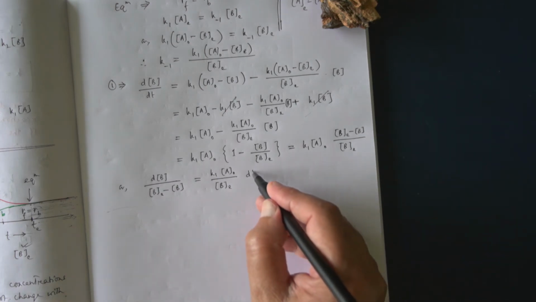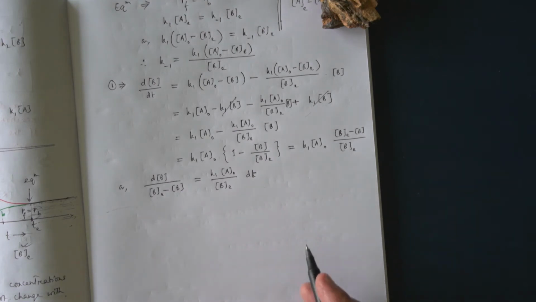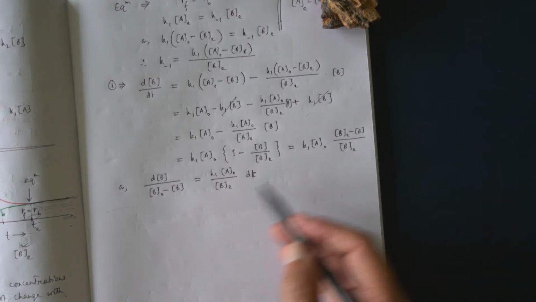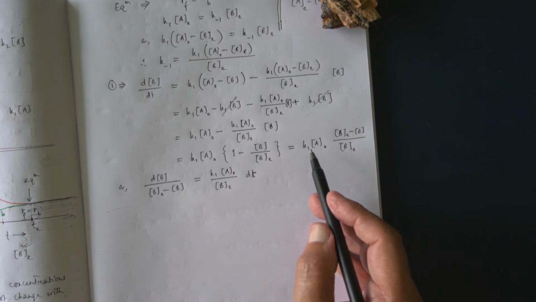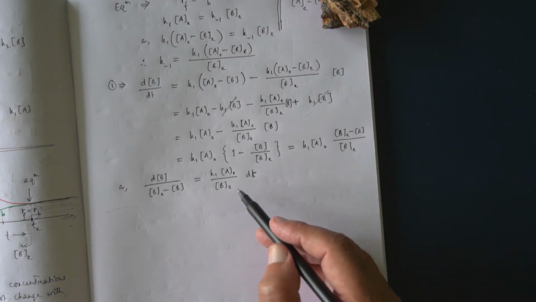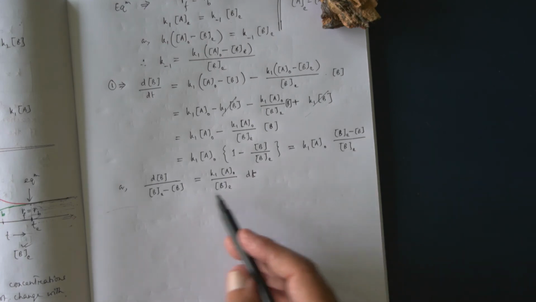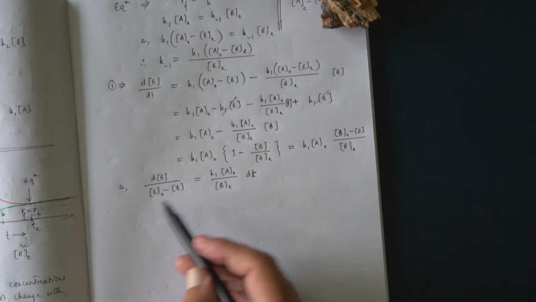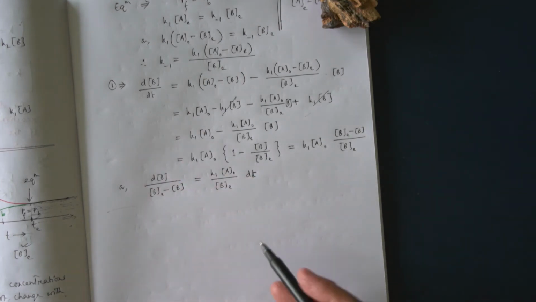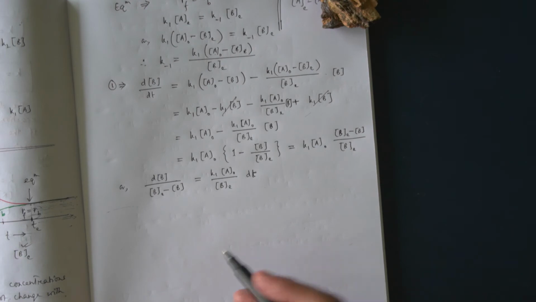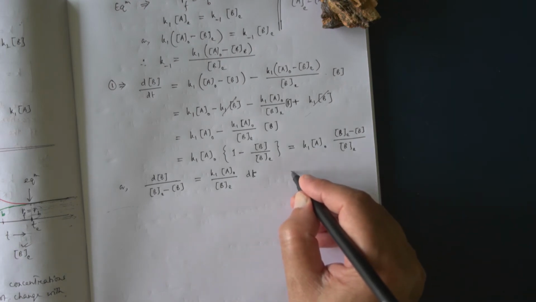Okay, so we can write like this. Just cross multiplication, nothing else. Just transformation, nothing else.